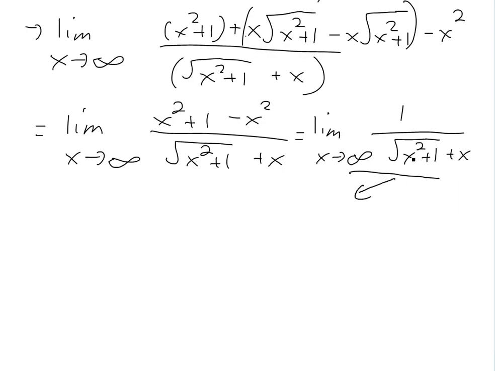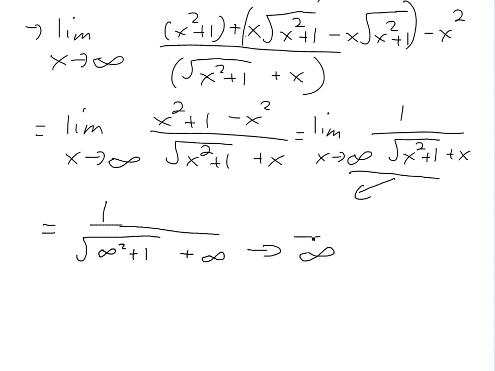As you put infinity into the bottom, we're going to get a really large number. So this equals 1 divided by a large number, let's just say infinity squared plus 1, plus infinity. So the bottom is going to be really large, or 1 divided by infinity. So this is approaching 0. We have a horizontal asymptote at 0, and that's our limit.